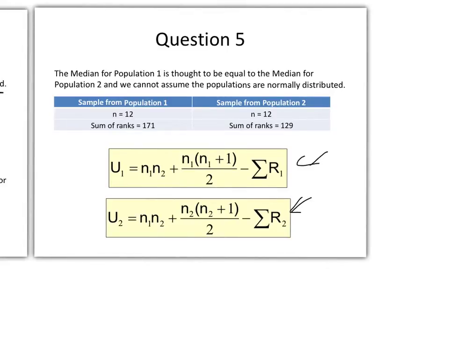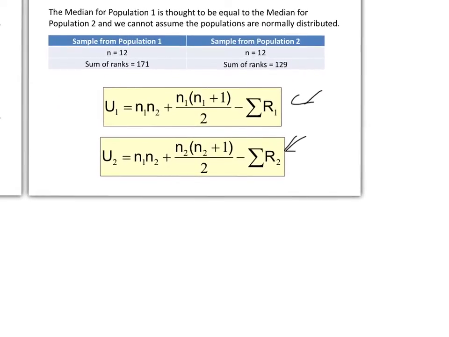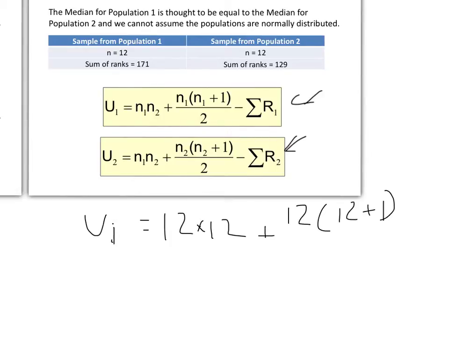Alright, so we have our first population here. We'll calculate U1 equals n1 times n2, so that's 12 times 12, plus n1 times n1 plus 1 over 2, that's 12 times 12 plus 1 over 2, minus our value right here, 171.